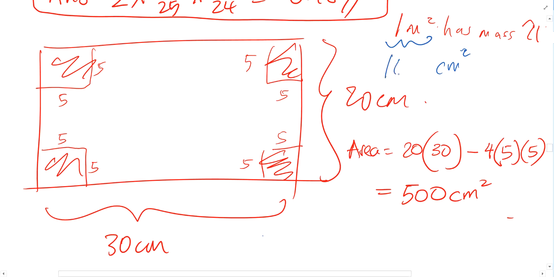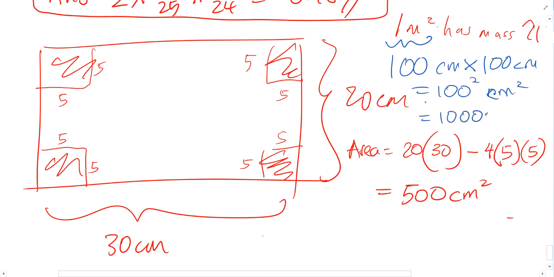It is not 100. It's 100 squared. Because it is 100 cm multiplied by 100 cm to give you 1 meter times 1 meter, isn't it? And that's how we get 100 squared square centimeters, which is 10,000 square centimeters. So 500 square centimeters is less.